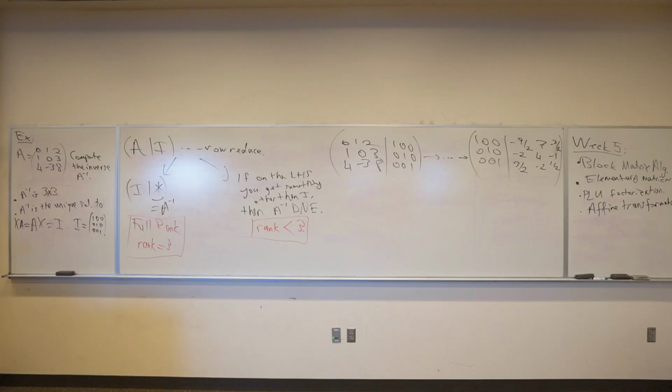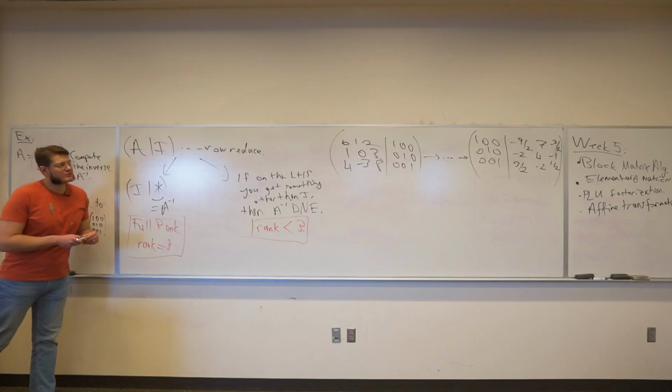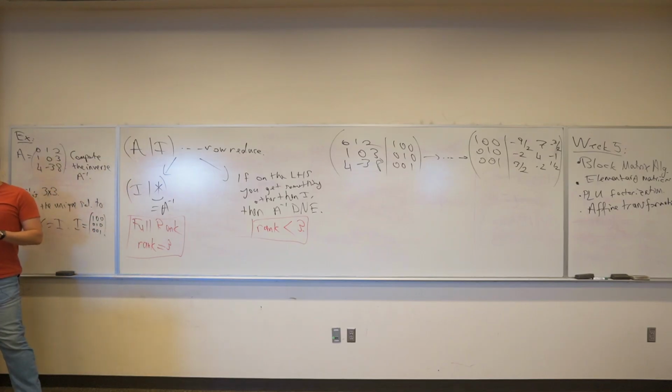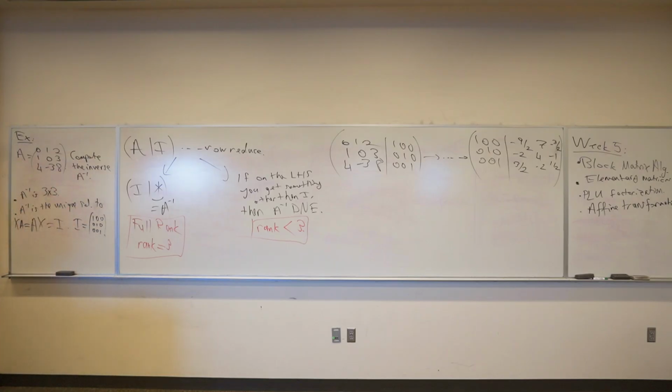In the exam, you can get 3 by 3 at most if there's no structure. If the matrix I'm asking you to do something about has more than 3 rows or columns, probably there's some sort of structure that I'm hoping you're going to see so that you don't do the whole row reduction.